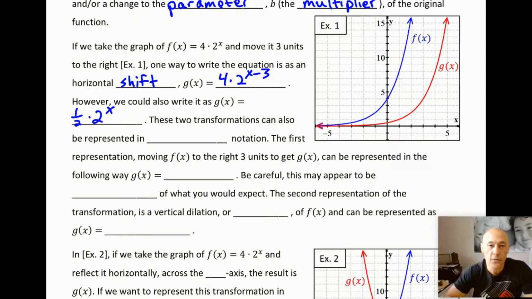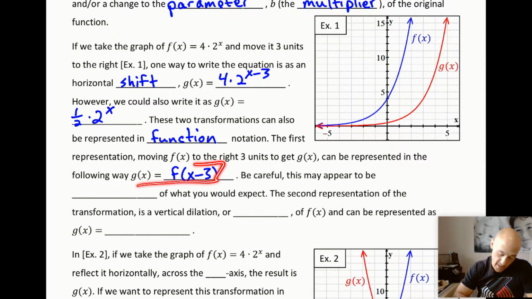These two transformations can also be represented in function notation. The first representation, moving f of x to the right 3 units to get g of x, can be represented in the following way. G of x equals f of x minus 3. Now, you might be thinking, wait a second, this is one function equal to another function.